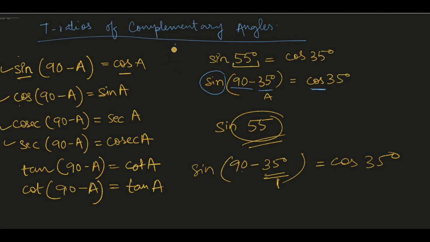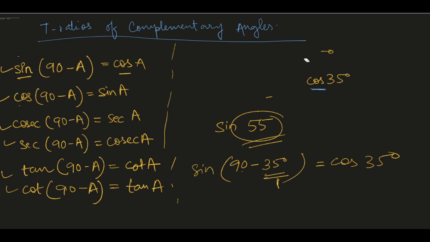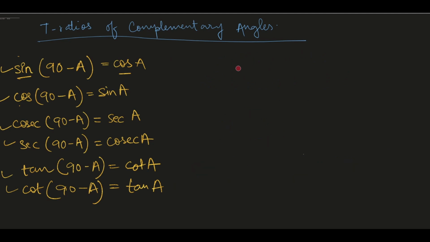So this was all about the revision part. I can show this thing in the table itself. In order to take another example for you to understand, let's consider A is equal to 30 degrees. Now deal with this: sec of 90 minus 30.